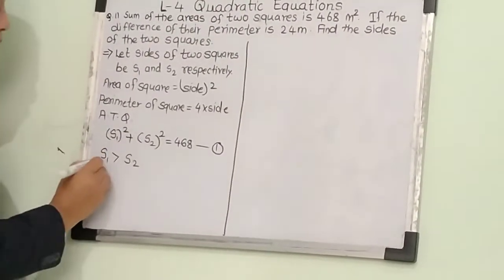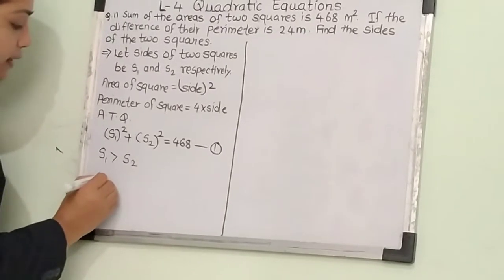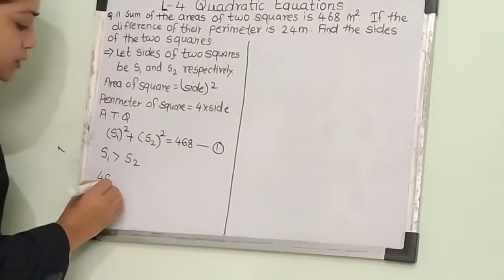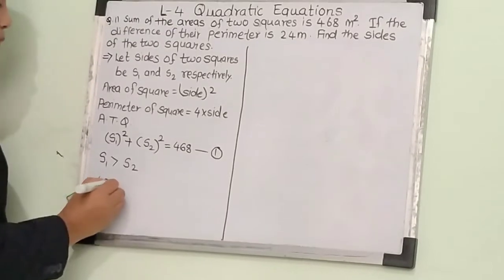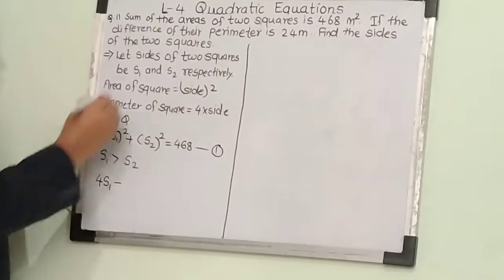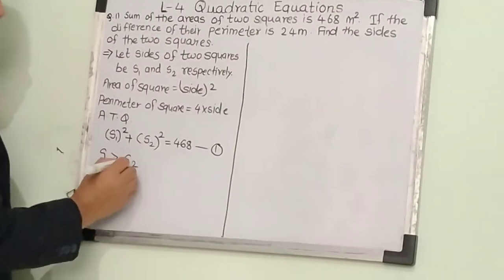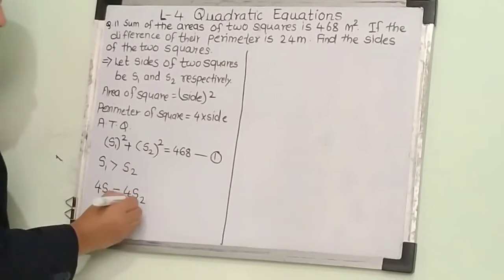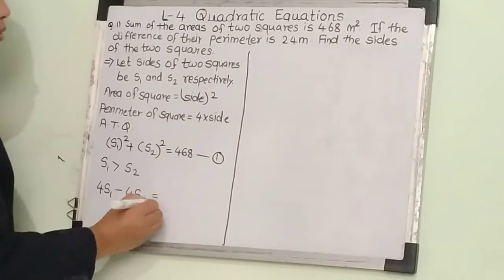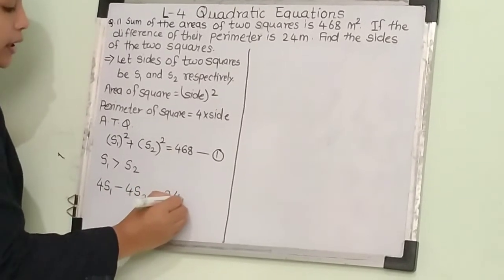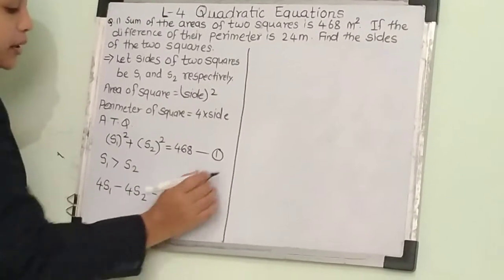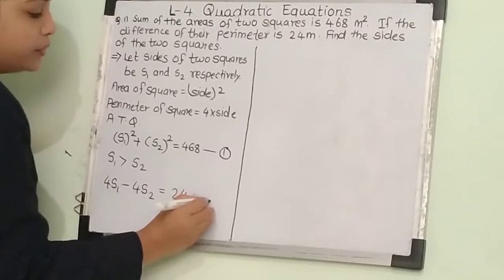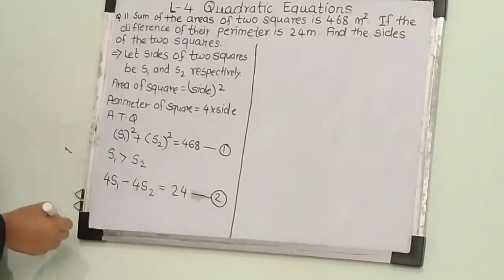So the perimeter of the first square, that is 4 S1, minus, because the difference is given, the perimeter of the second square, 4 into S2, equals 24 meters. That is your second equation.